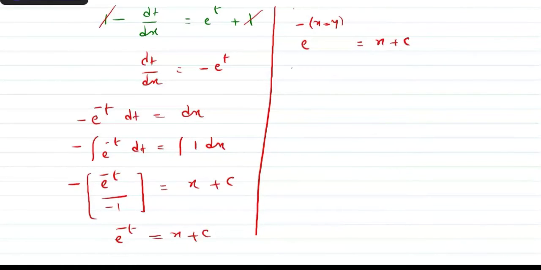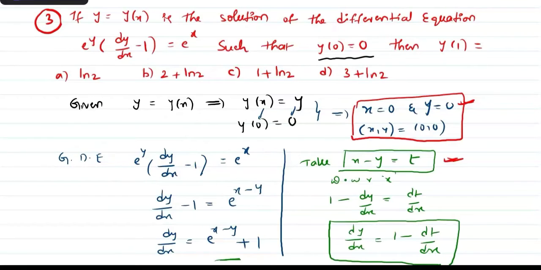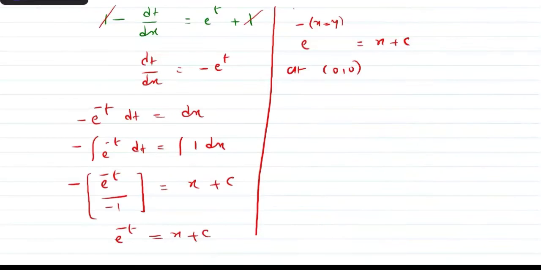Now check this curve at (0, 0), because at the start we decided x = 0, y = 0, and substitute there. What you will get: e^(−0) = 0 + c. e^0 is 1, so the c value is 1.